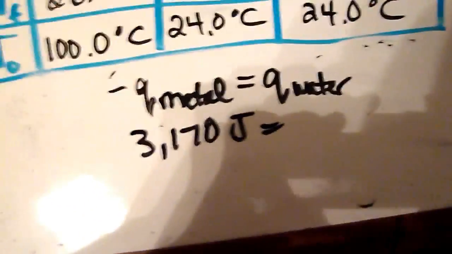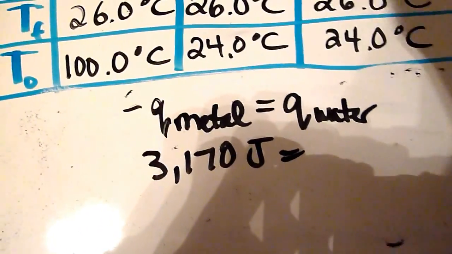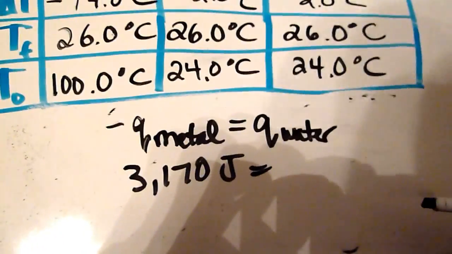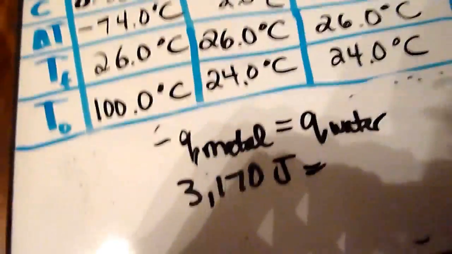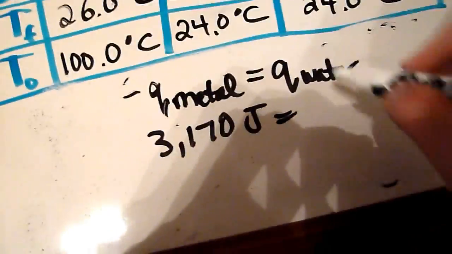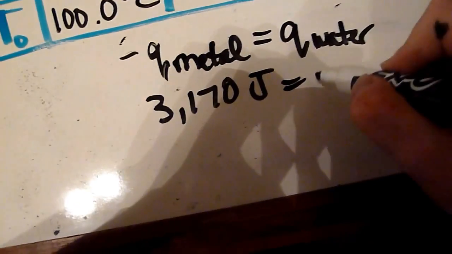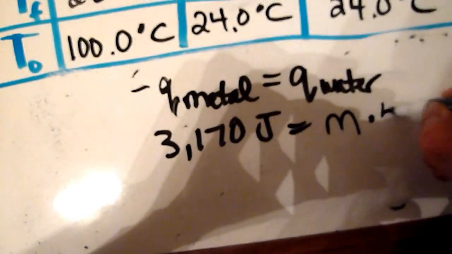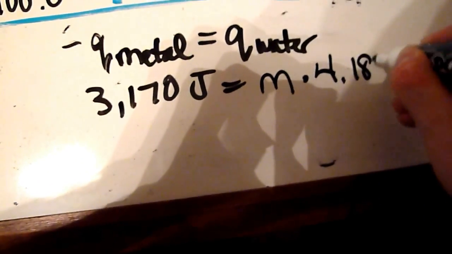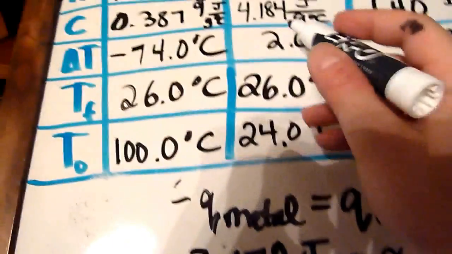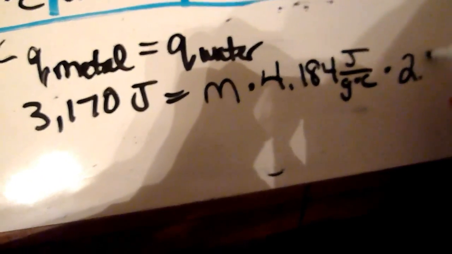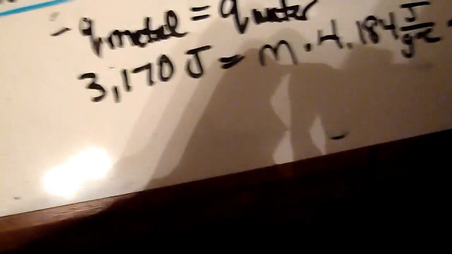And then Q of the water, I can't count on what I solved for because we haven't done that part yet. If we go back and ignore the calorimeter, so I can say I don't know the mass of the water, but I do know the specific heat of the water, which would be 4.184 joules per gram degrees Celsius, and I do know the temperature change for the water, 2.0 degrees Celsius.